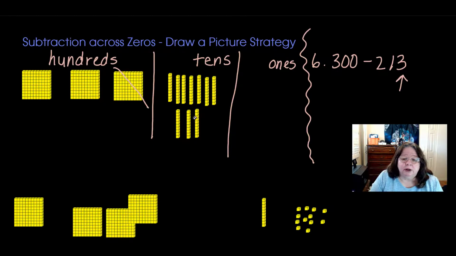So let's cross one of these out, and we'll have 9 tens, and then we need to keep our tens. 1, 2, 3, 4, 5, 6, 7, 8, 9, 10.